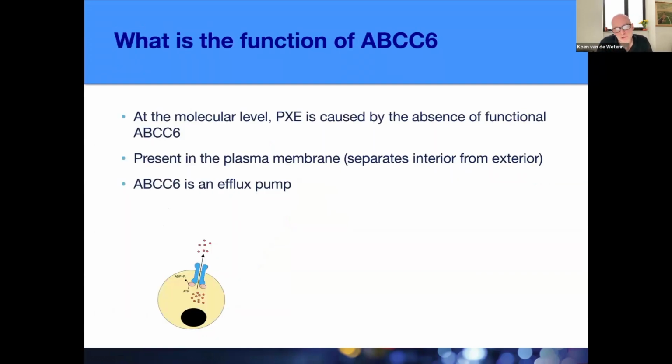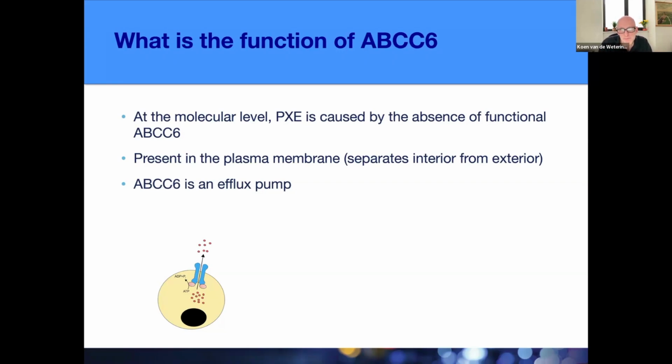How does this work? Because it's quite a complicated process that results in pyrophosphate regulation by ABCC6. Because ABCC6 is a large protein and it's present in the plasma membrane of the liver cells.